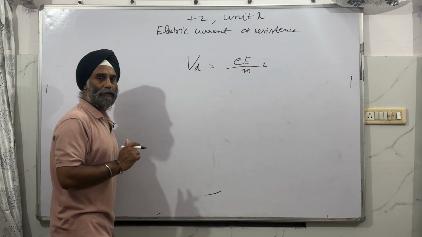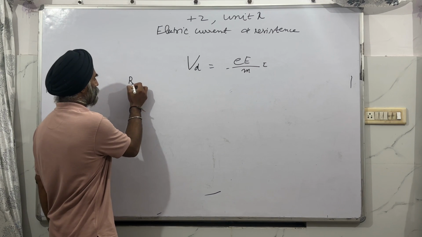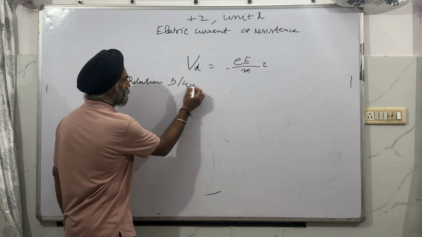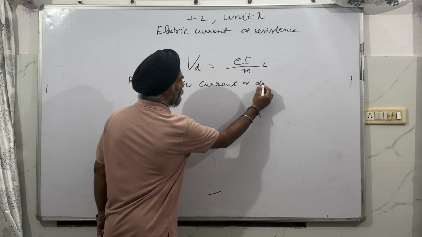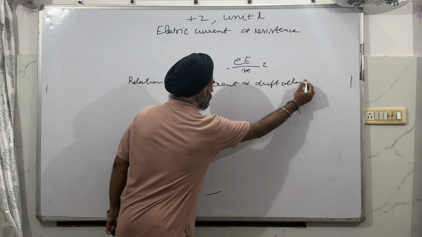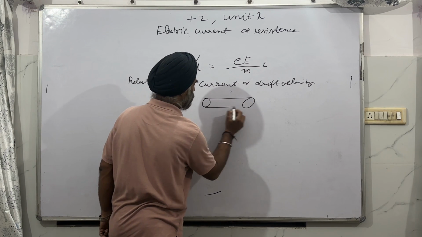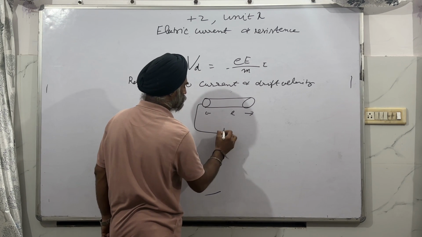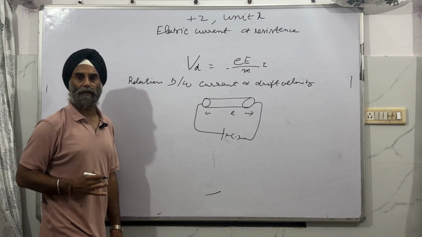Let us derive an expression for the relationship between the current and drift velocity. Consider a conductor of length L and area of cross section A. Let a constant potential difference V be applied across the two ends of the conductor.